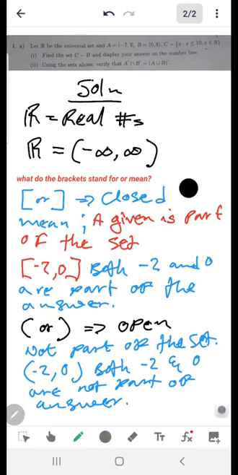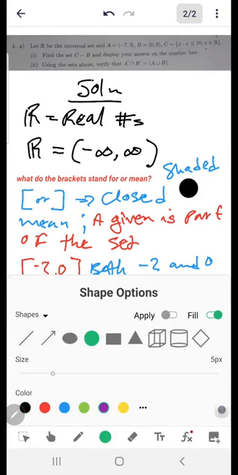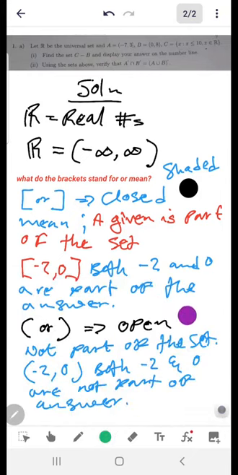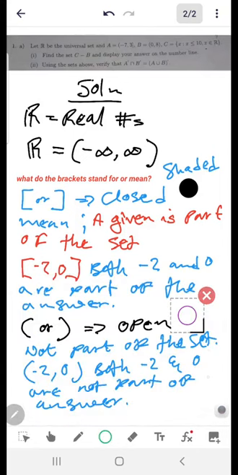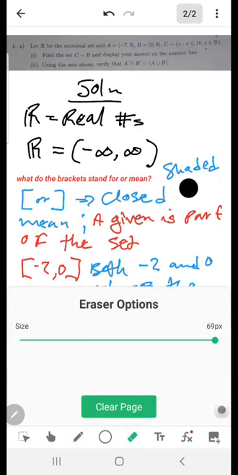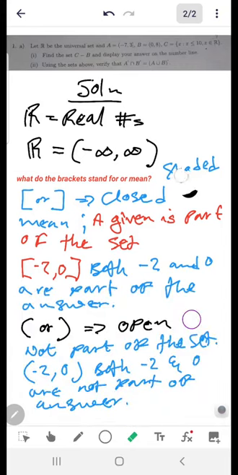The open brackets go with an unshaded circle. Now let me quickly work out the example that we have.